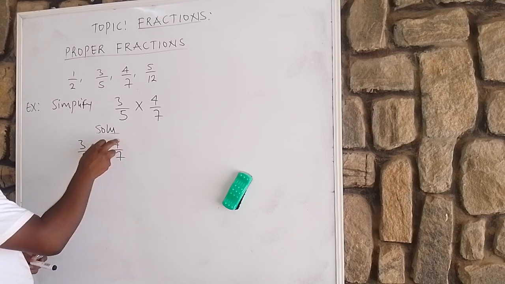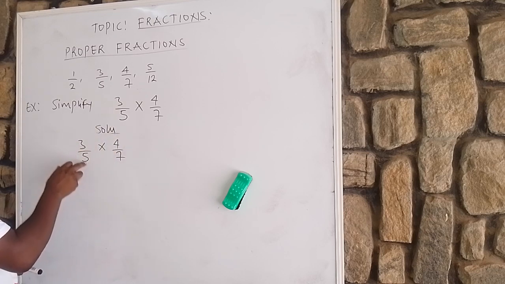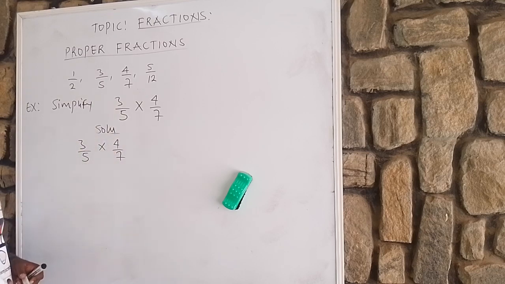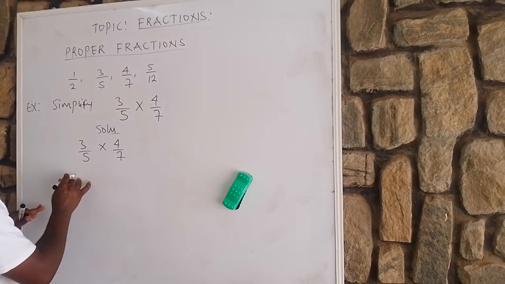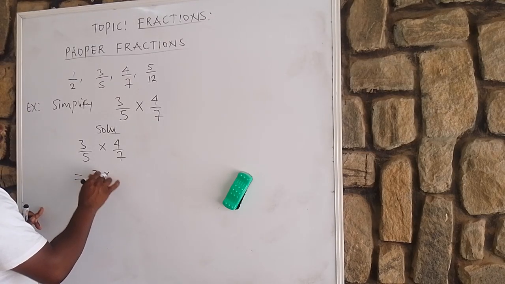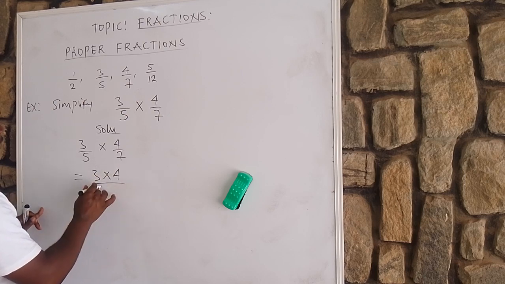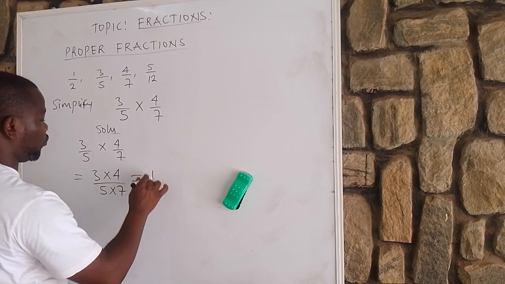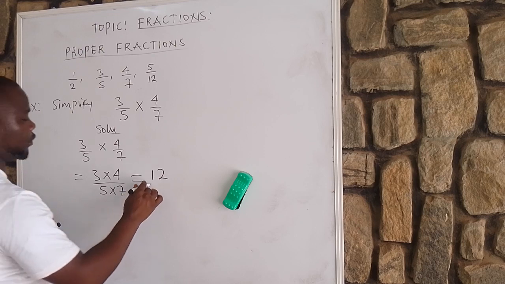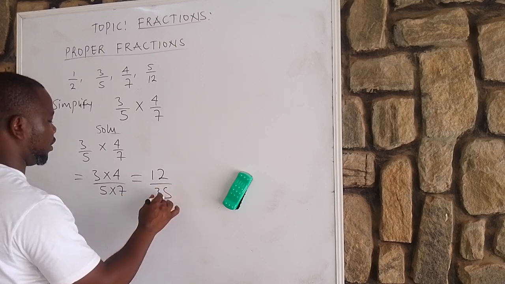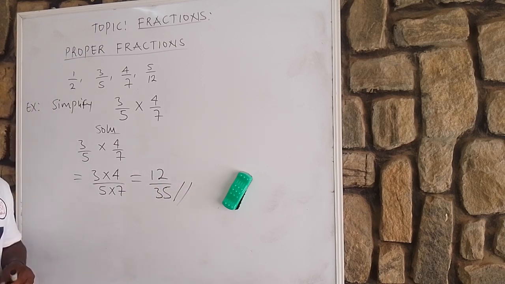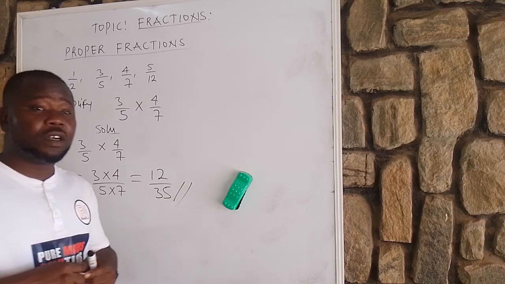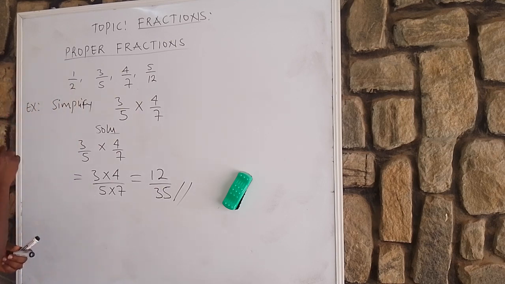Use this numerator to multiply this numerator, then use this denominator to multiply this denominator. That is the final answer. That is, this is equals to 3 times 4 all over 5 times 7. Then equals to 3 times 4 is going to give you 12. Then 5 times 7 all over 35. Is it difficult?